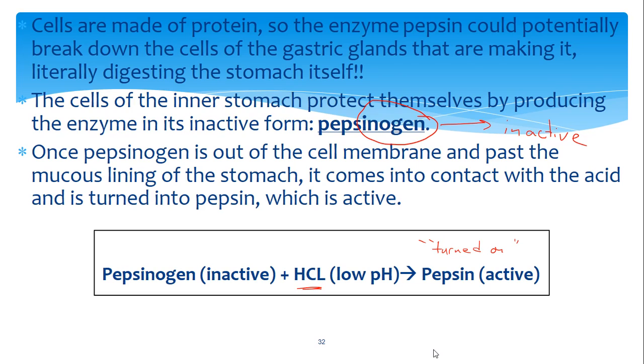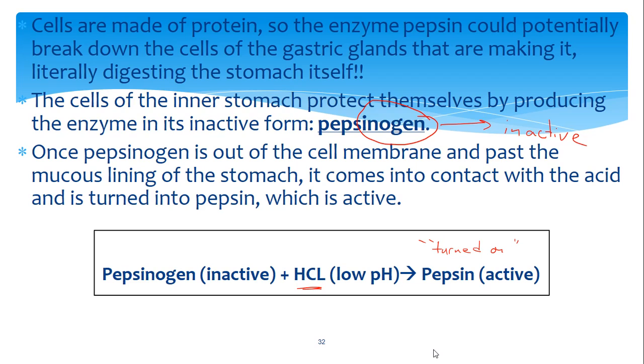It doesn't do anything. And as soon as that pepsinogen enters the stomach and we have acid there, it gets turned on. And then it can digest your food. Now, why doesn't it digest your stomach? What's coating your stomach? Mucus, right? So we have that layer of mucus, which helps to protect the stomach cells as soon as the pepsin gets turned on.